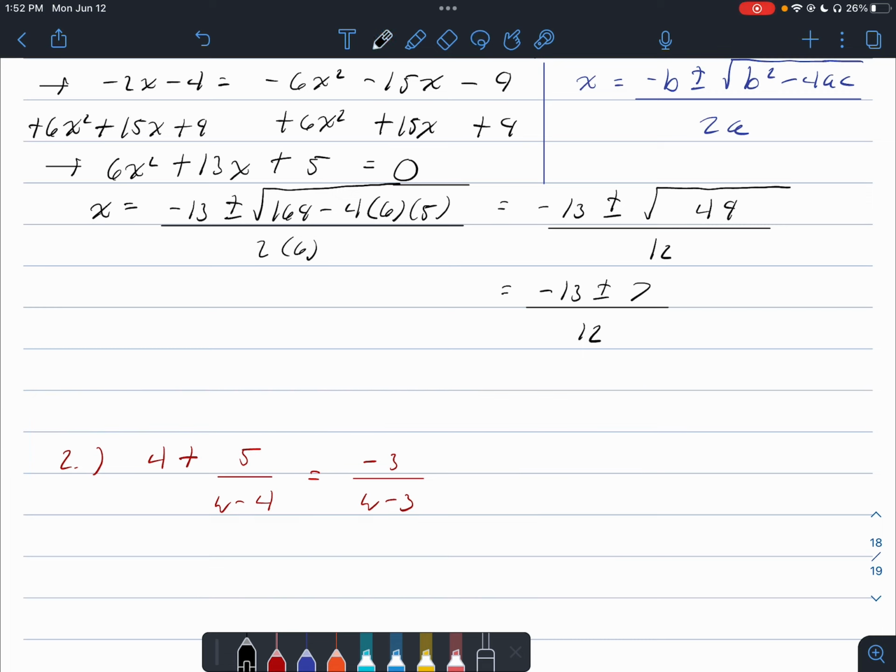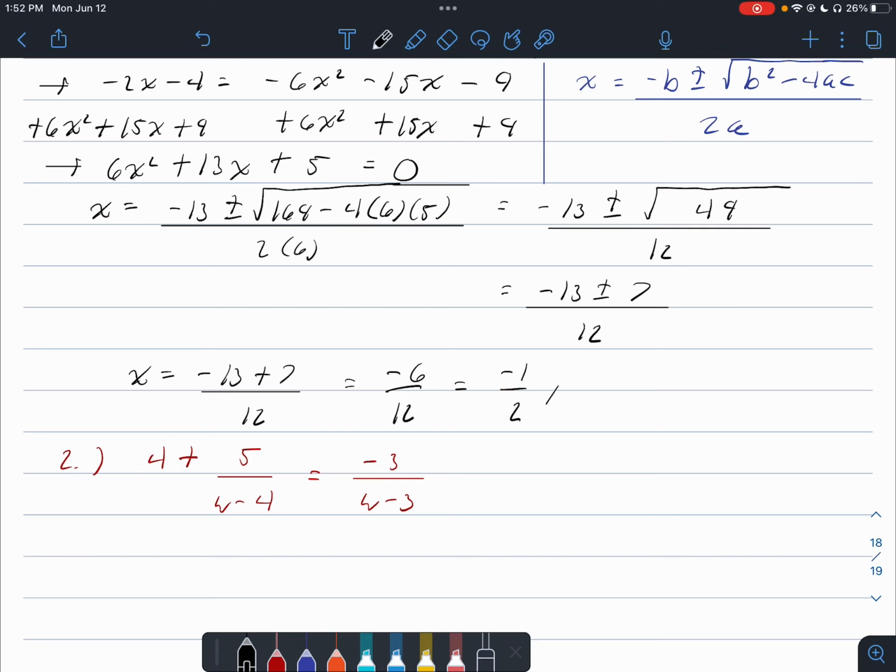So if we have negative 13 plus 7 over 12, okay, this is actually going to simplify to negative 6 over 12. Or really, actually, we just get negative 1/2.